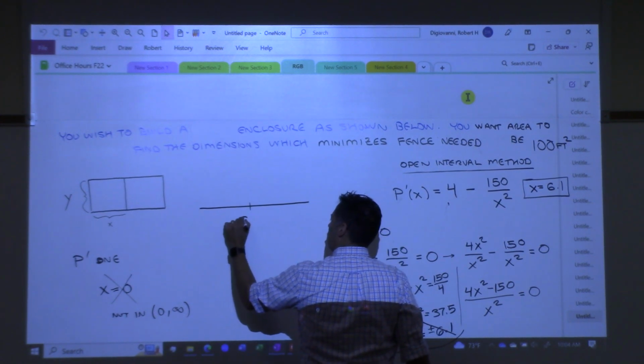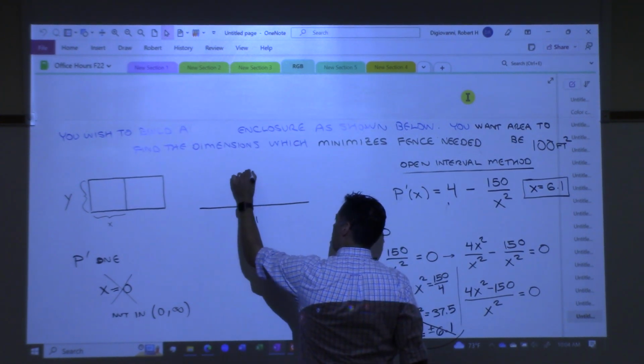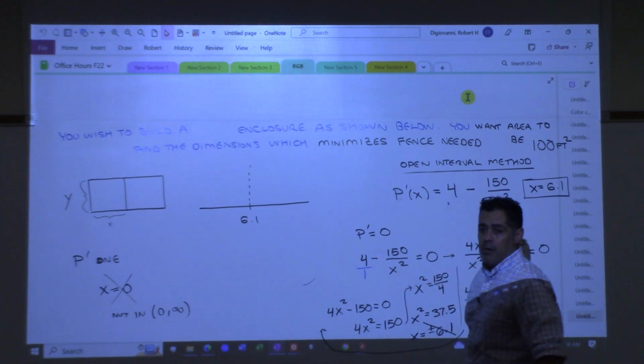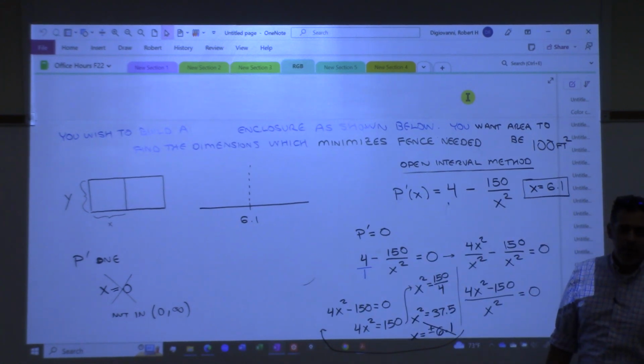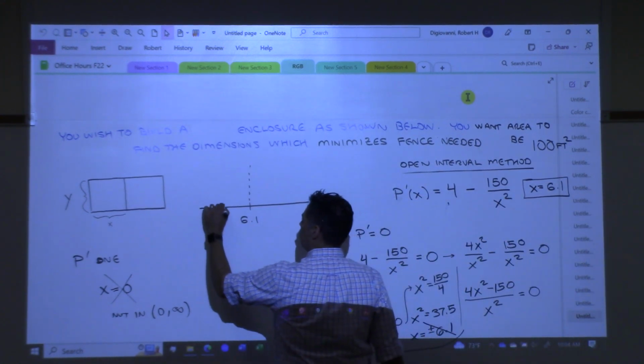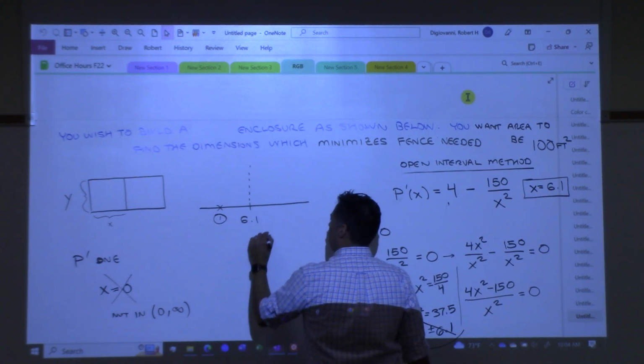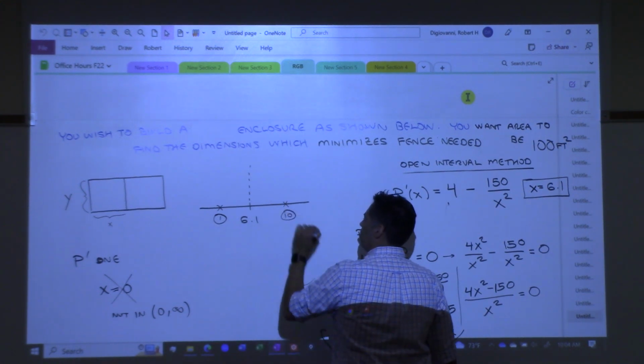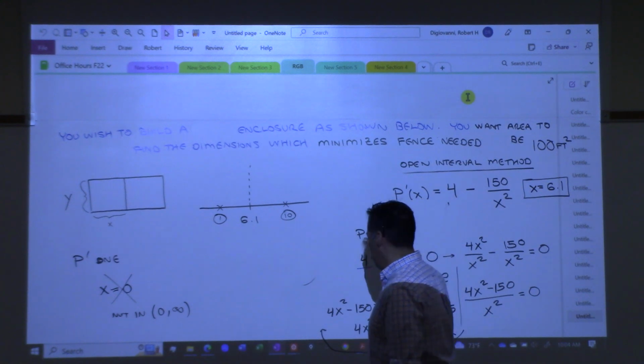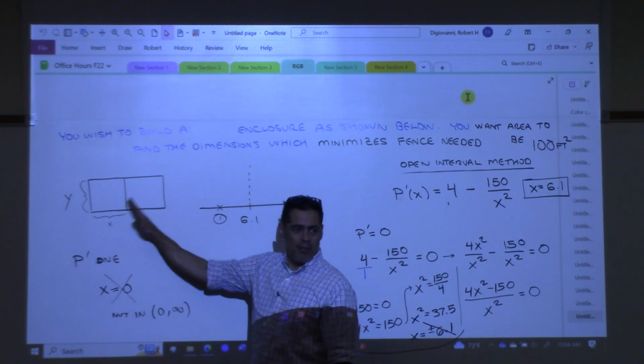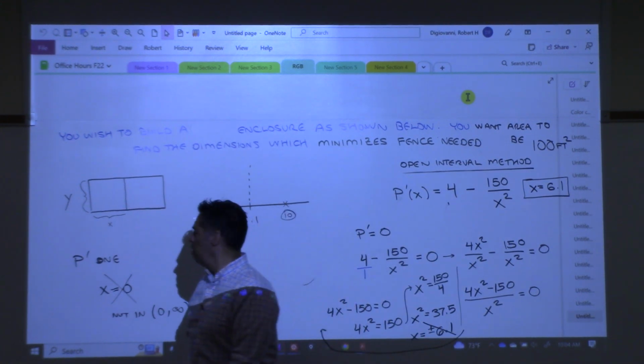The only critical number on there is 6.1. I need to pick a point to the left of this. How about 1? I like 1. And then to the right, let me just pick 10. Just remember, you can't go past 0 because of our domain restrictions.